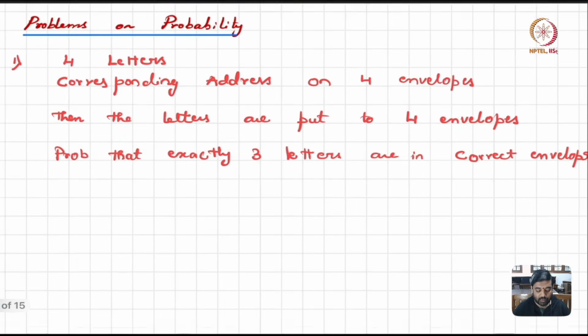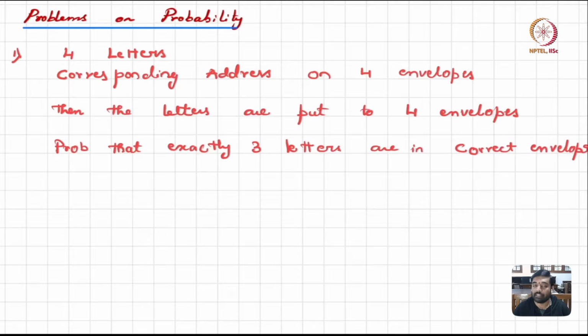So I'll take a very first problem as a very simple one. The problem goes something like this. You have four letters: letter 1, letter 2, letter 3, letter 4. Then you have four envelopes on which the addresses have been written.